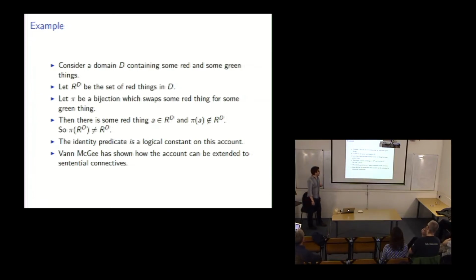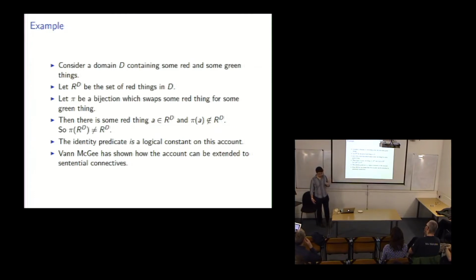Well, then there's going to be some red thing, A, which was in the extension of red things, and the permutation pi of that thing is not in the original extension, because we mapped a red thing to a green thing. So the original interpretation, intuitively the set of red things, is not identical to its permutation because we swapped a red thing for a green thing.